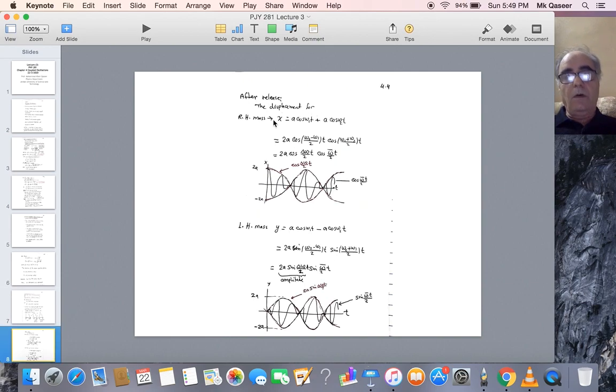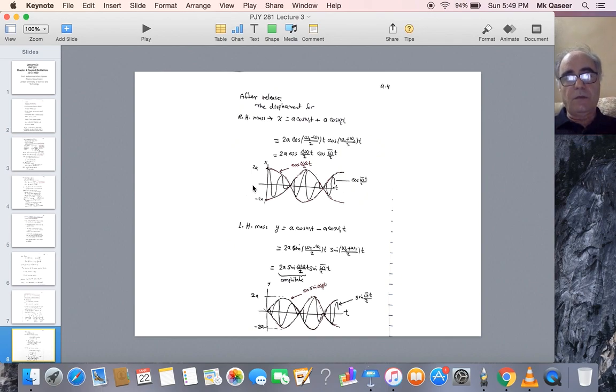Now, for the right hand side, x small is a linear combination of these two waves, which can be written as 2a cosine of (delta omega over 2 t) times cosine of (omega average t), where delta omega is omega 2 minus omega 1, and omega average is (omega 1 plus omega 2) over 2.